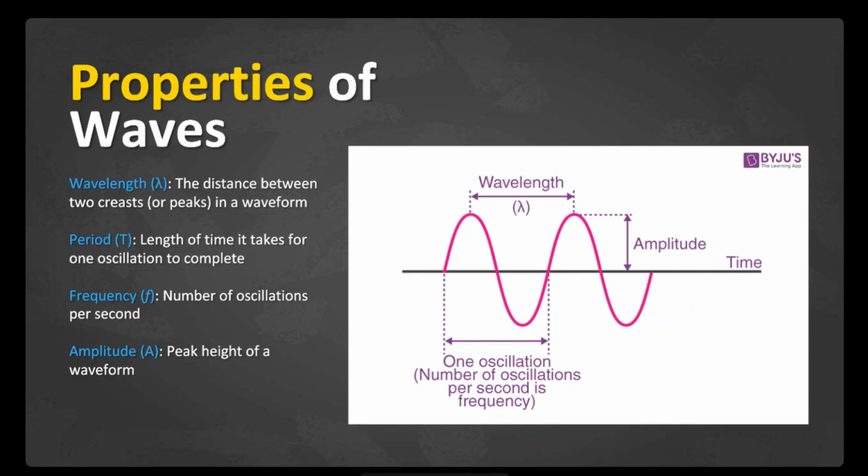And then the frequency is actually just the inverse. Instead of talking about how long it took for the oscillation, it's how much oscillation you get per amount of time. So those are just inverses of each other. And then you also have the amplitude, which is the height of your wave.